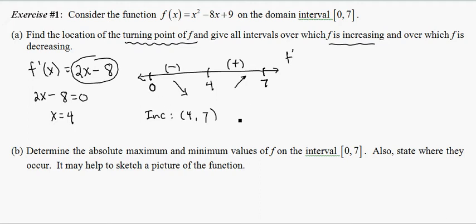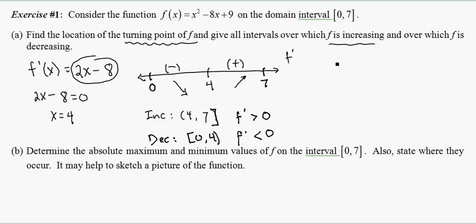And that's really, really critical. So it's increasing from 4 to 7, and it's actually increasing at 7 because f prime is greater than 0. And it's going to be decreasing from 0 all the way up to 4, and that's because the derivative is less than 0.